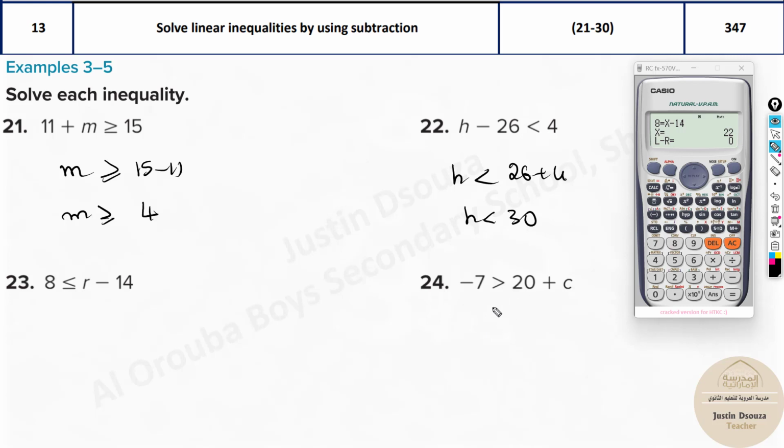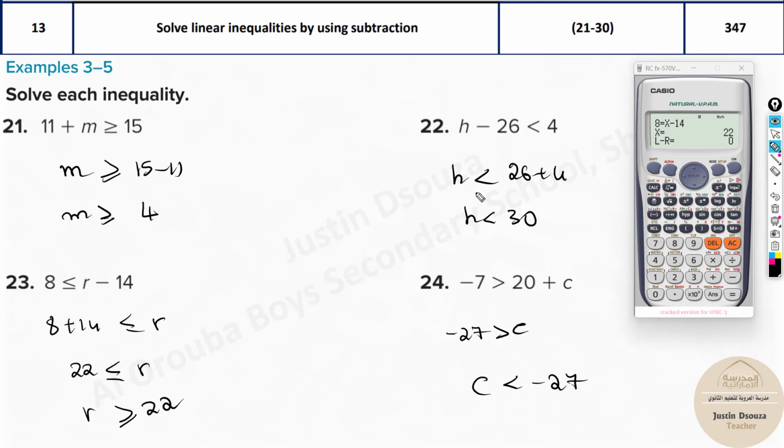Here bring 20 to the other side, will be minus 27 is greater than c, or we can write it as c is less than negative 27. Here we get 8 plus 14, that is less than or equal to R. So it is 22 is less than or equal to R, or R is greater than or equal to 22. These are the solutions. That's how we do them.